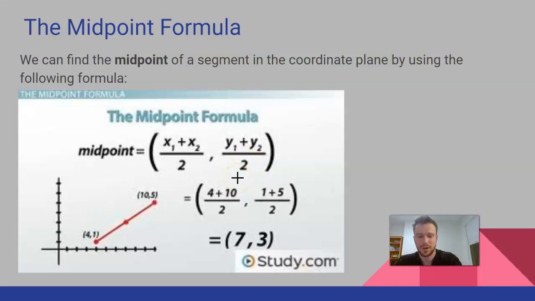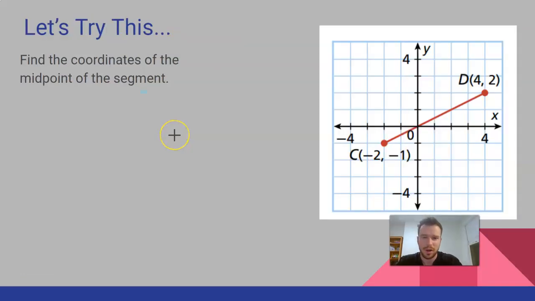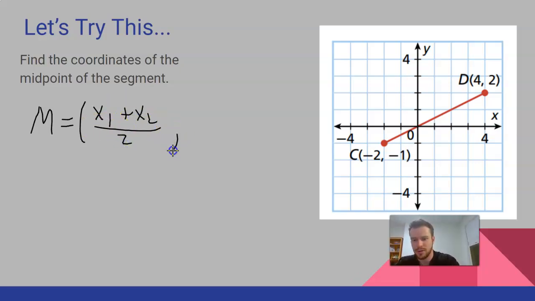And here you see a worked example. Work that same problem from earlier, just using the midpoint formula. So we'll say the midpoint is x1 plus x2 divided by 2, and y1 plus y2 divided by 2.